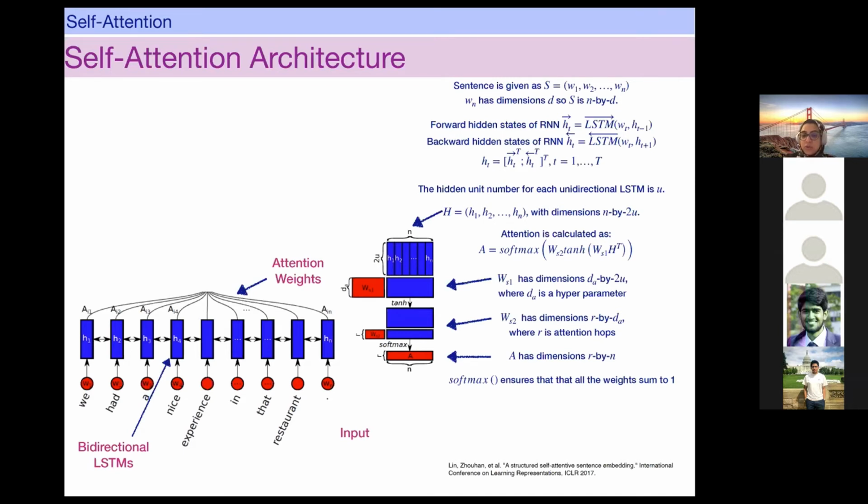So now, given a hidden matrix H and H transpose, we have this attention weight, which tells us the weights for every single hidden state. So we have a weight for every single hidden state that sums up to 1.